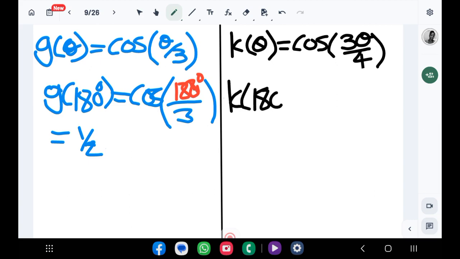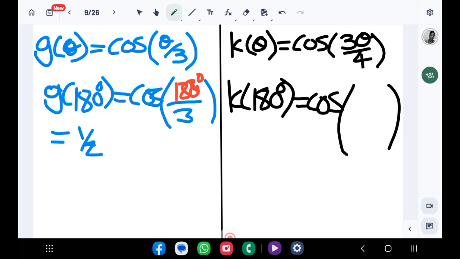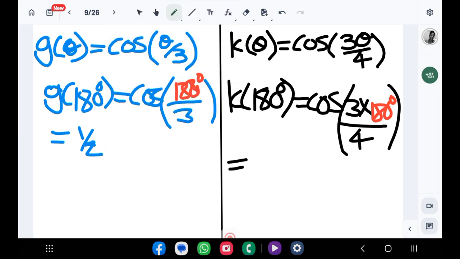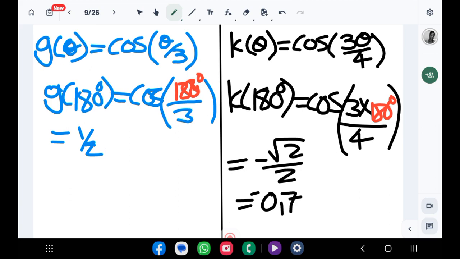K of 180 degrees, that is equals to the cos of 3 times 180 divided by 4, and that is equals to cos of common fraction button 3 times 180 at the top, downward arrow 4, right arrow close bracket equals to, that gives me negative square root of 2 over 2, which when I press the S to D button gives me negative 0.707.